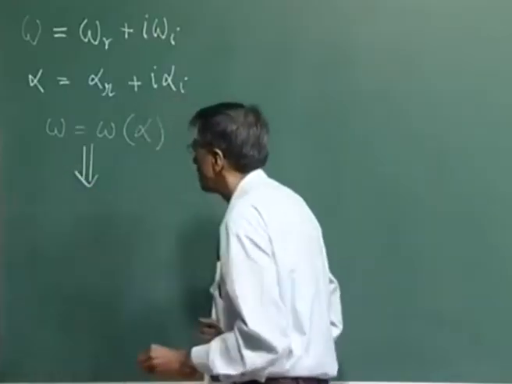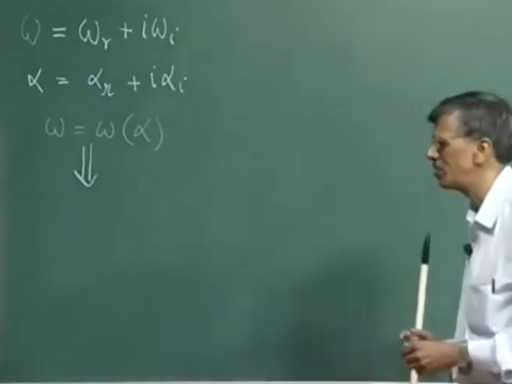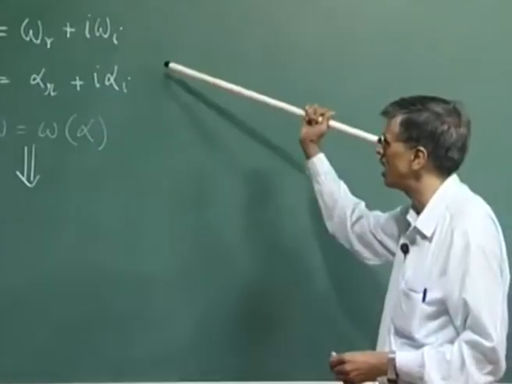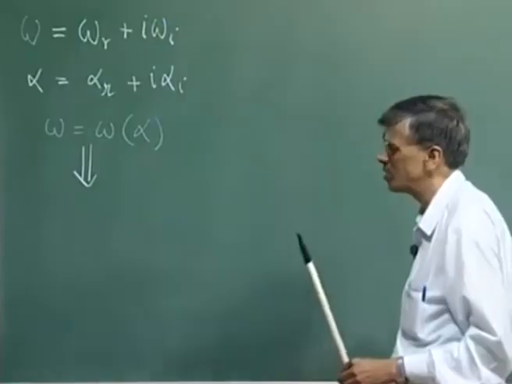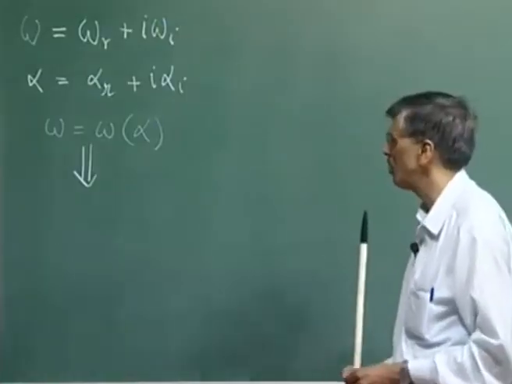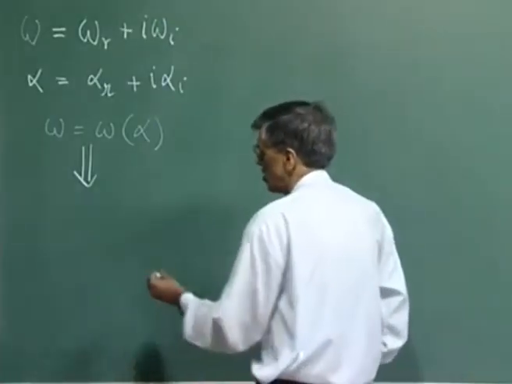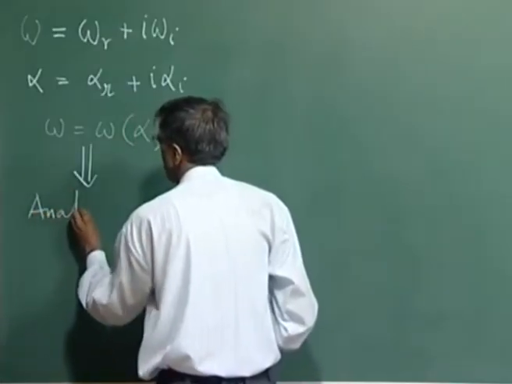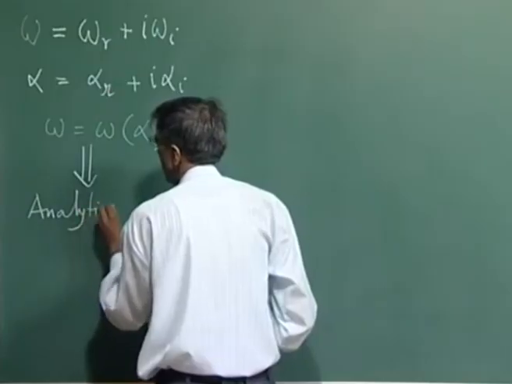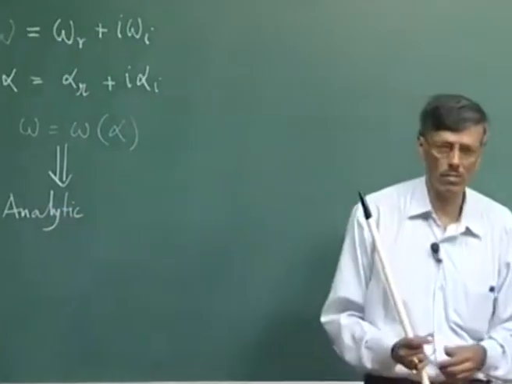If I write omega as a function of alpha, that immediately gives me the following relationship between the partial derivatives of the real and imaginary parts of omega with respect to this wave number component. How does it come about? It comes about because this relation is analytic. What does it mean? It means that you have well defined derivatives everywhere.